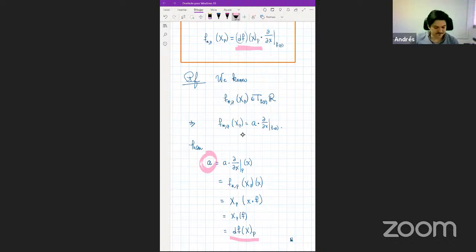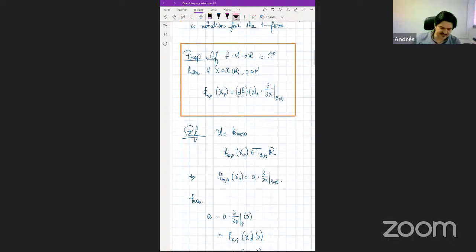Okay, so again, this is something that we saw for any smooth function between manifolds M and N, and in particular when N is the reals, we have this relation.